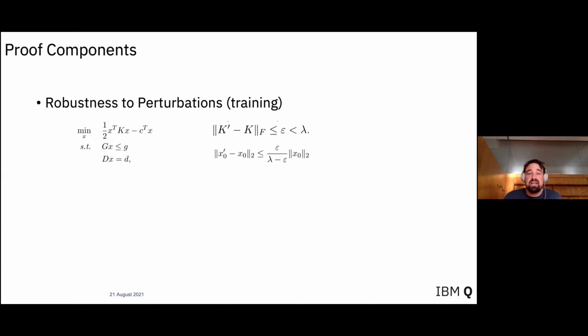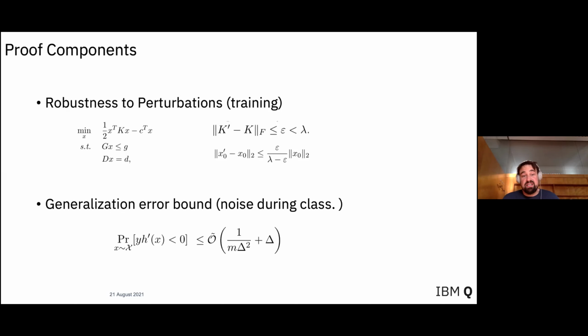So if you're working in a setting where every entry in the kernel is perturbed by some statistical sampling error, can you still show that your classifier does what it's supposed to be doing? And can you also come up with a bound on the generalization error, where the classification function on a shot-by-shot basis produces some form of error?